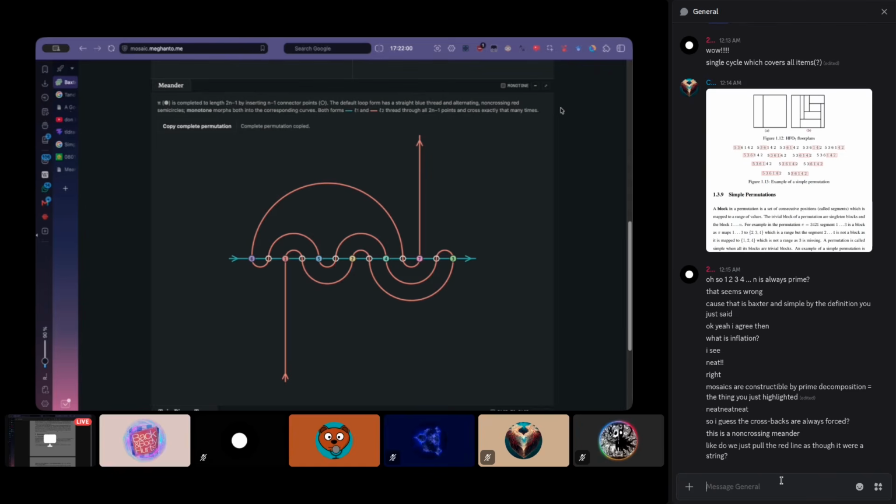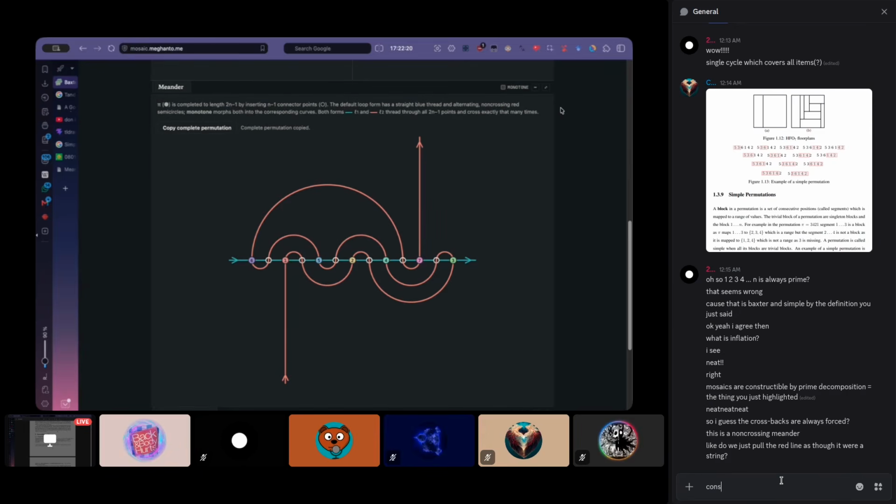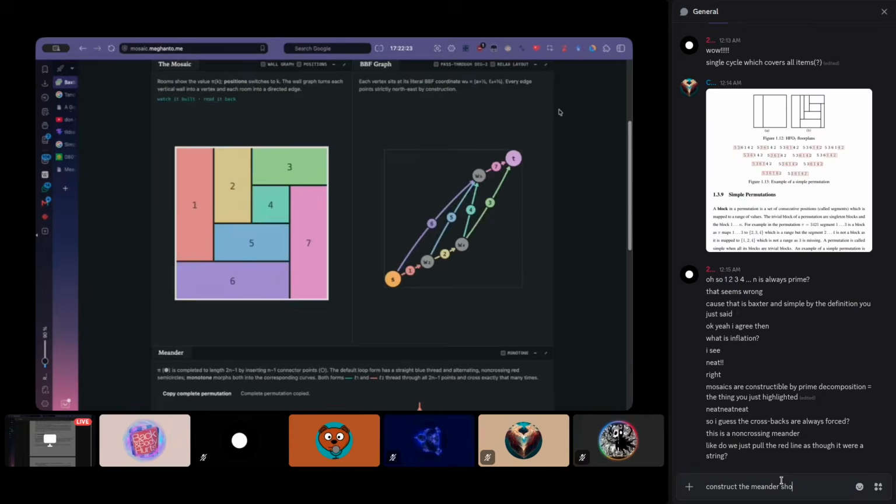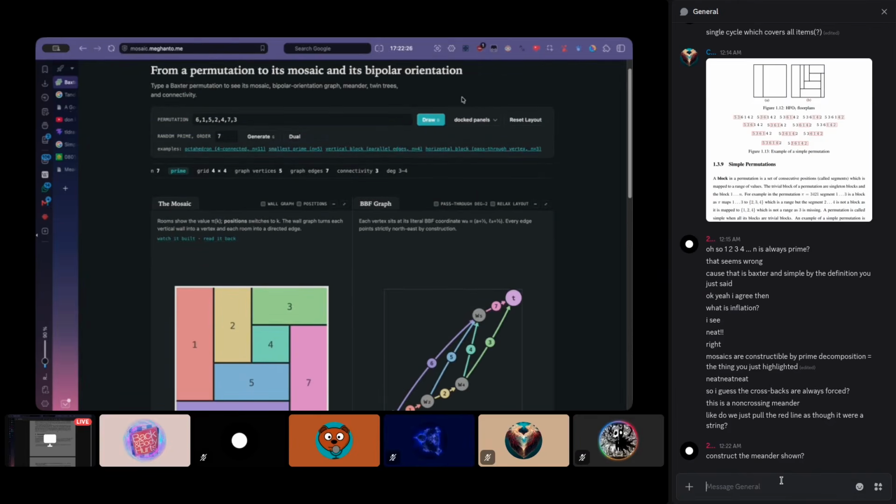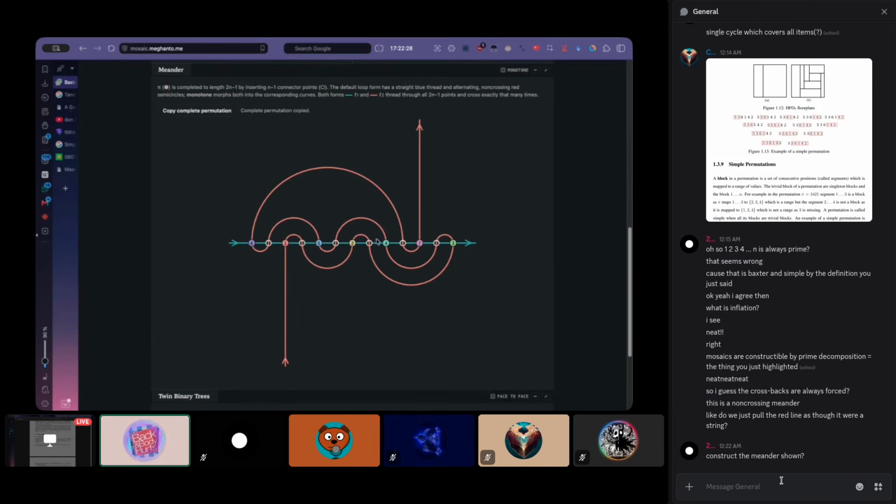But actually there's a way to do this that makes it very easy to construct in the first place. Do you want to see the way? Here it goes. Construct not this meander, but the meander where the blue line is a pure function of x, something wavy that never has two x values with the same y value.